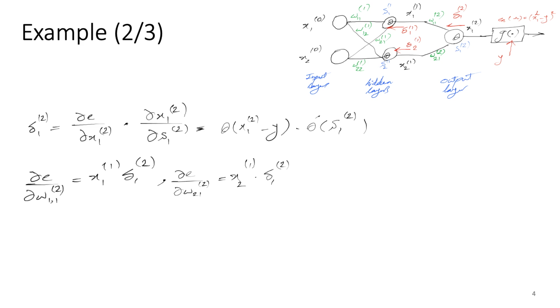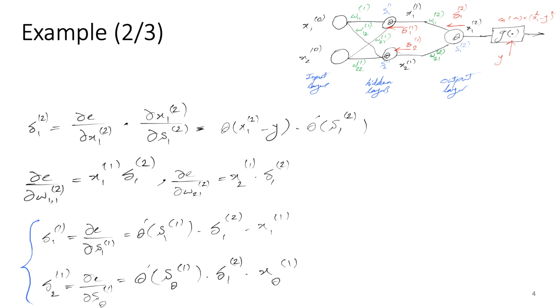Okay, now, so I'm arriving right here now. So I have two units, two nodes. So one is going to be delta 1 of layer 1. The other one would be delta 2 of layer 1, right?